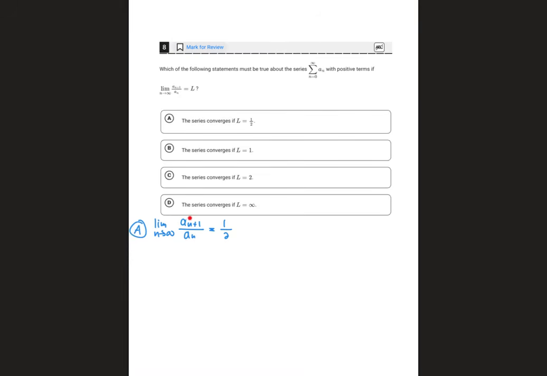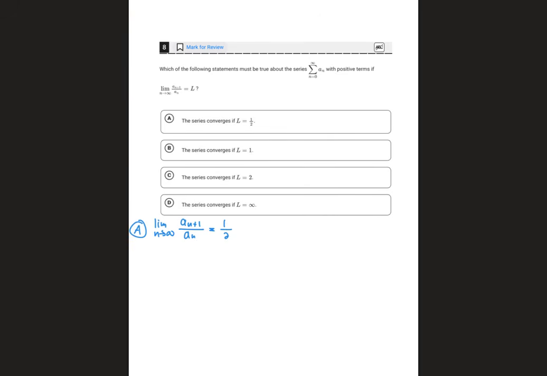So maybe at some point this term is 10, which would make the next one 5, and then 2.5, and then half that again. a_(n+1) is just the next term after a_n. So it's saying every term is going to be half the previous term. That's what this is saying, or approaching at least.